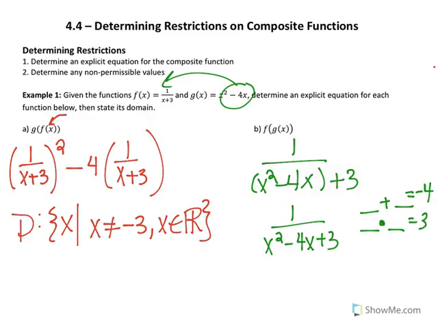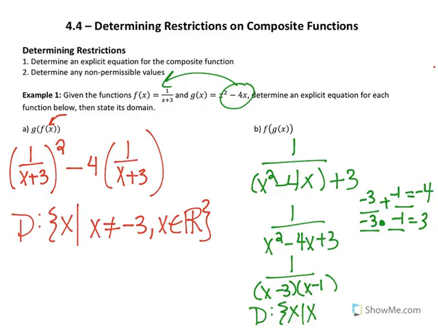My numbers are negative 3, negative 1. So I have 1 over x minus 3, x minus 1. So my restrictions are that it cannot be 3 or 1. And that's it.